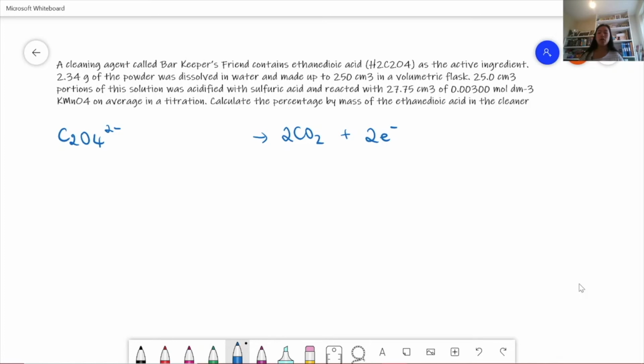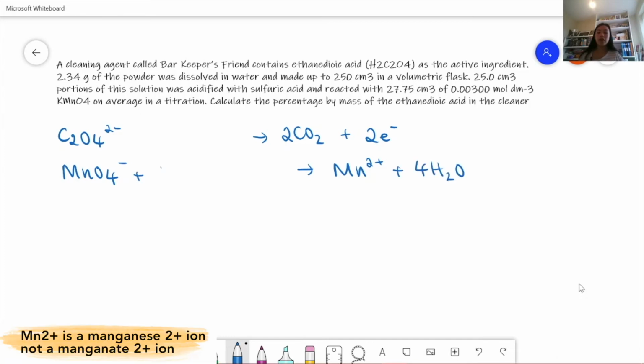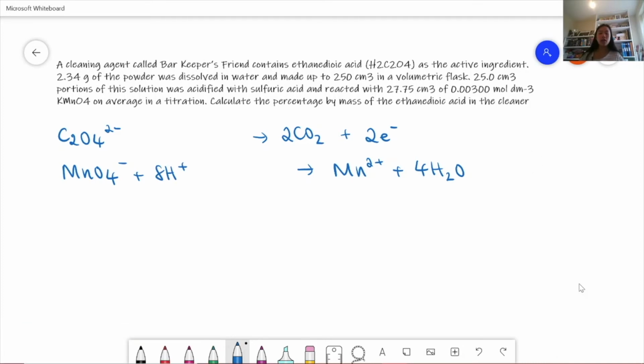For the manganate, we have MnO4- turning into Mn2+. We balance the oxygens first, so we have 4 waters, and then 8 hydrogens on this side, and then we balance the charges by adding 5 electrons to this side.